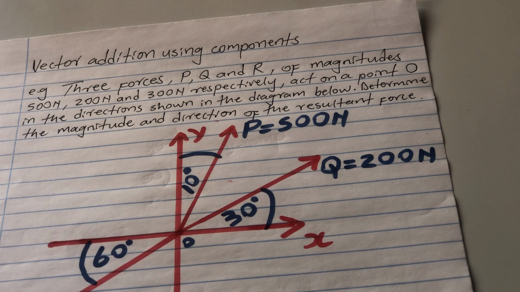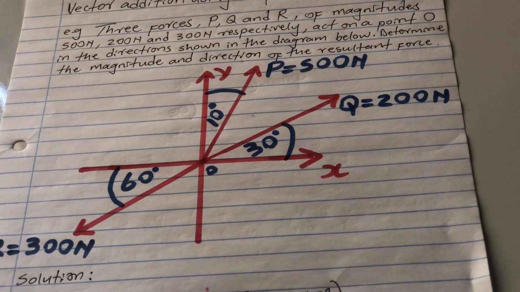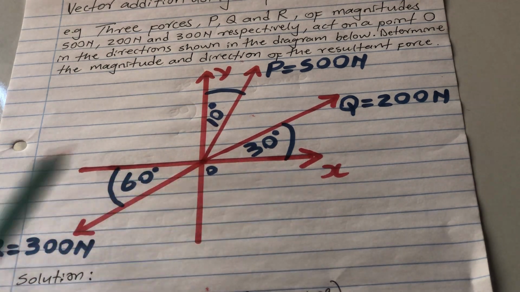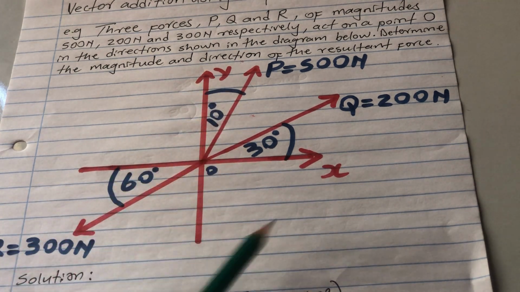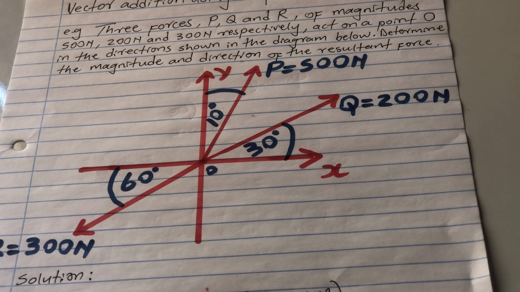Let's look at the diagram that I've put for you there. You can see that I have a Cartesian plane. We have y and x. And there are three vectors that are drawn on this Cartesian plane.